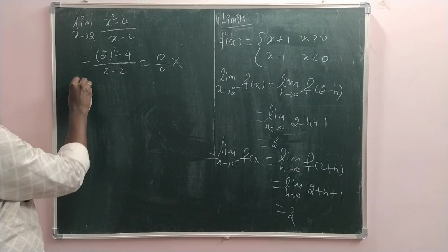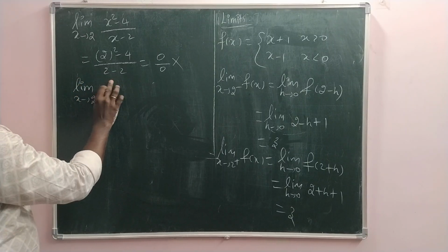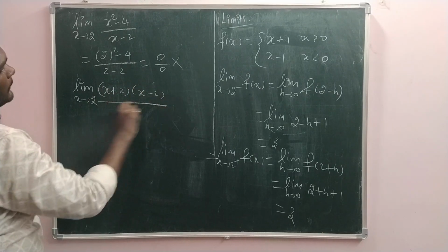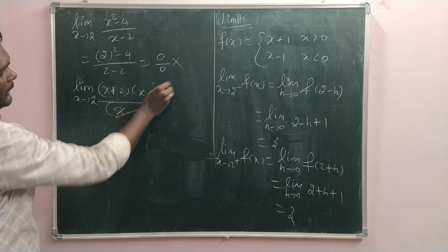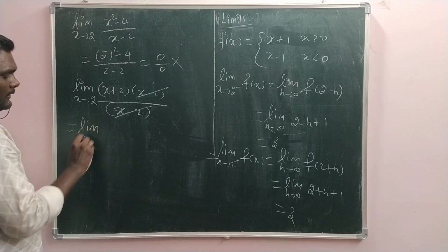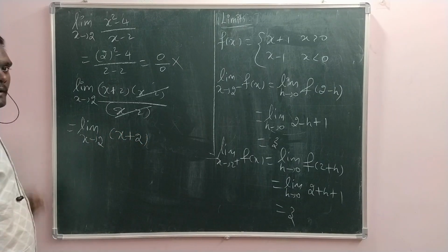Whereas, we will simplify this. X approaches 2. X square minus 4 can be written as x plus 2 into x minus 2 by x minus 2. This x minus 2 and that x minus 2 get cancelled. Then the remaining limit x tends to 2, x plus 2, we will get.